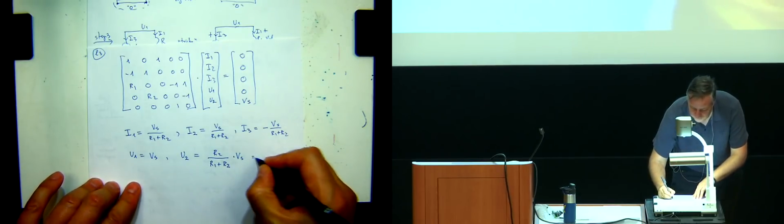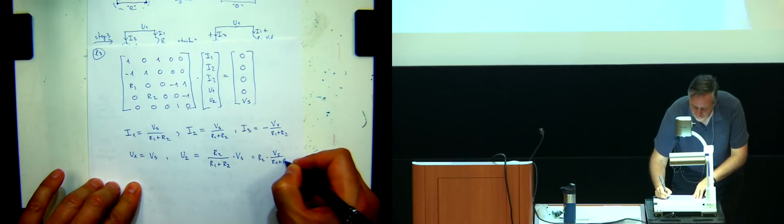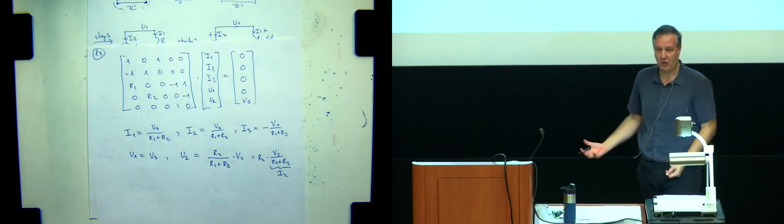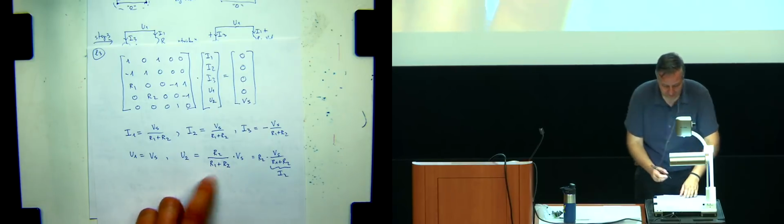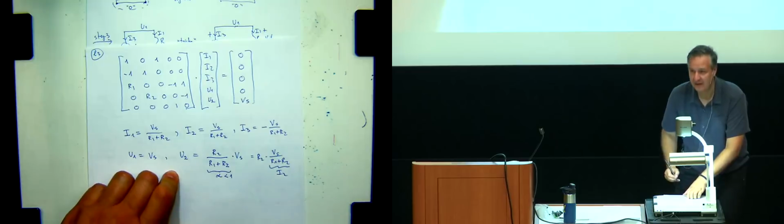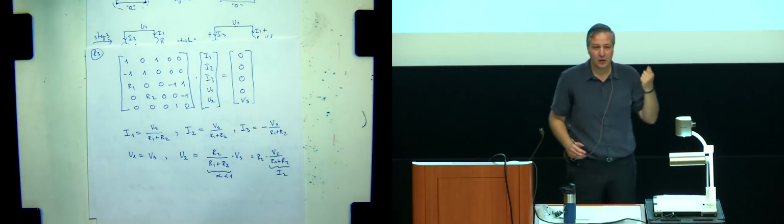I could have written this as R2 times Vs over R1 plus R2, because this is really I2, so this is Ohm's law. But I'm going to write it like this because then I can say this is some scaling factor alpha that is less than 1, and that's my operator. That's the coefficient I'm looking for.